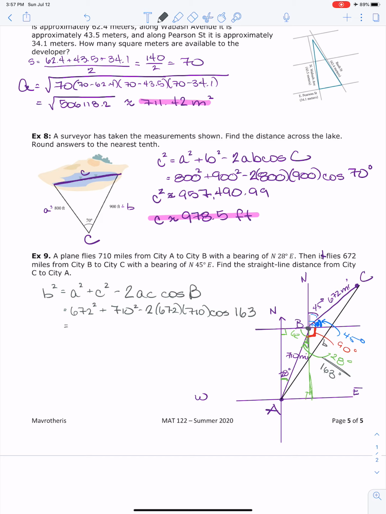All that through the calculator, and we get 1,868,228.25.